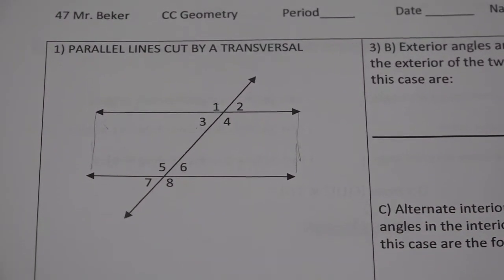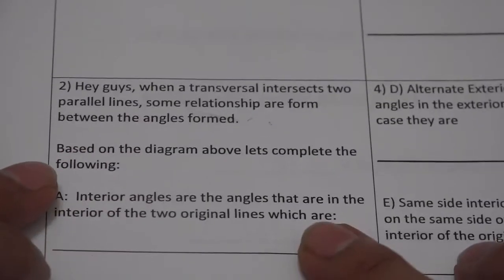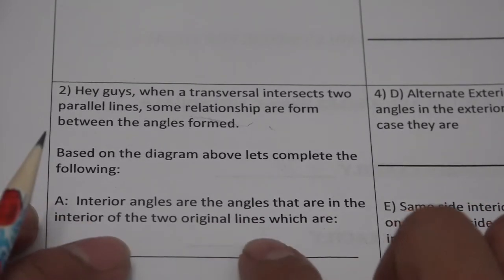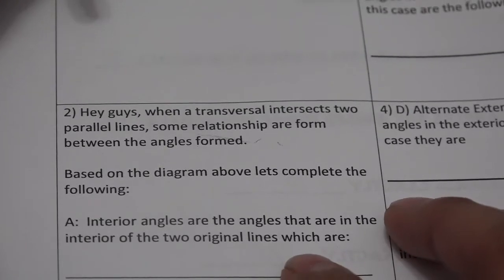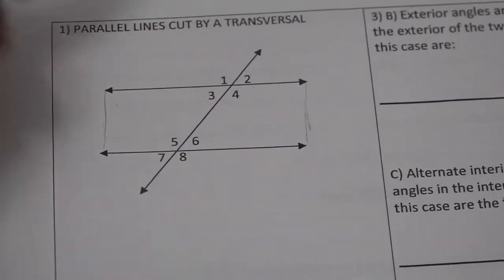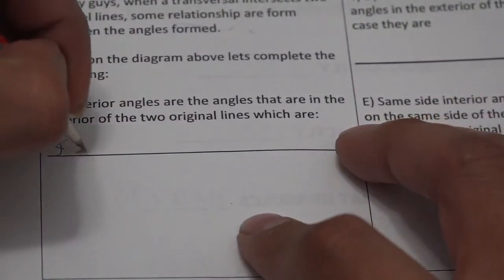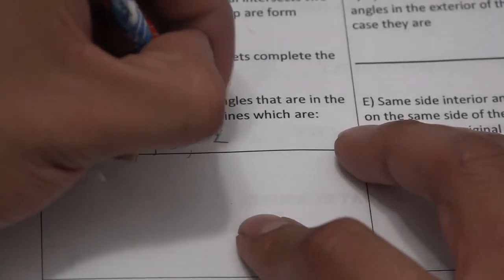The first one says, interior angles. And look at this. If you read it, you will figure it out. Interior angles are angles that are in the interior of the two original lines. Interior angles: 3, 4, 5, 6. So angle 3, angle 4, angle 5, and angle 6.